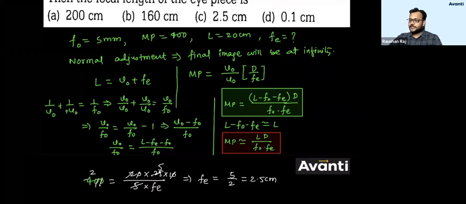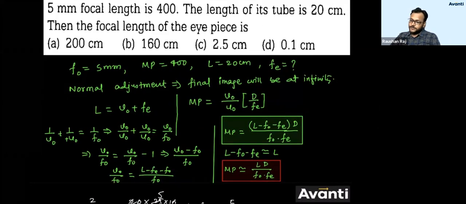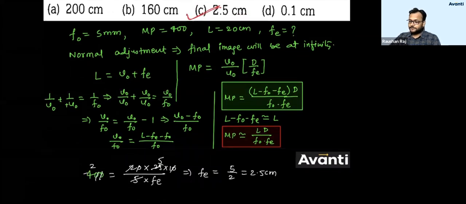You'll get an answer of, let's say, 2 centimeter or 1.8 centimeter, something like that, because I have considered this as greater. Actually if you get the value of Fe from here, this might be 2.6, 2.8. So the most appropriate answer according to this condition can be assumed as C. But is this the accurate answer?